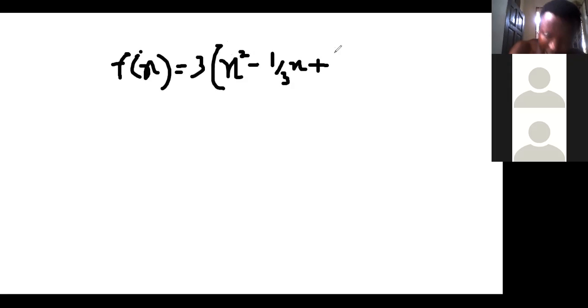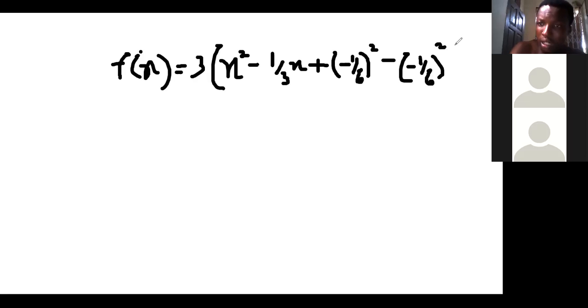So plus into bracket, we are going to add and subtract, minus 1 all over 6 squared, minus. So here we added it and here we are subtracting 1 all over 6, minus 2.